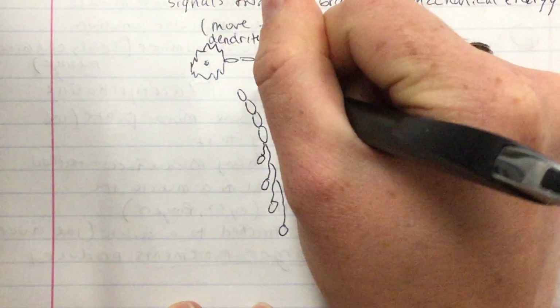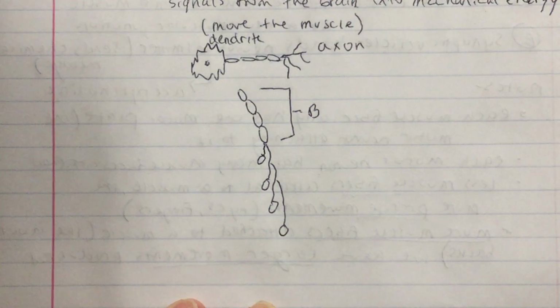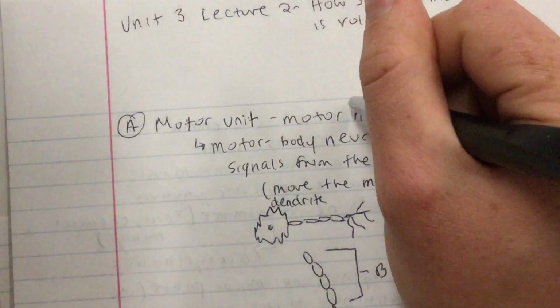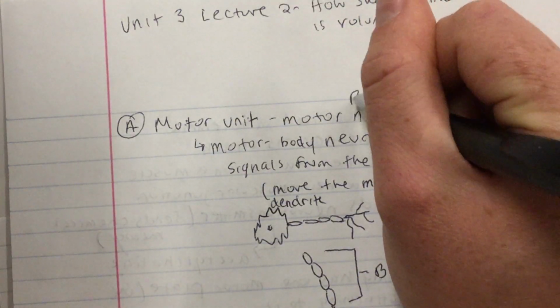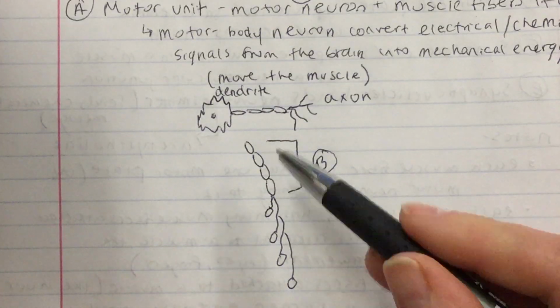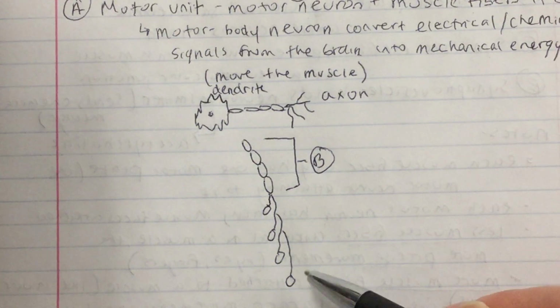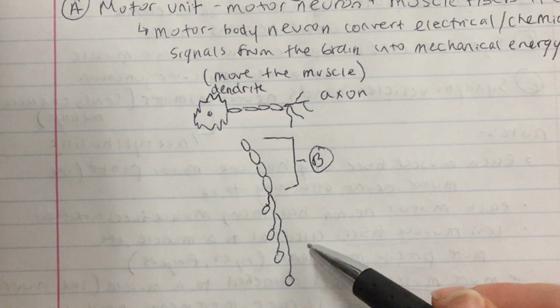And I'm going to label this piece with the letter B, because this letter B is going to be our motor neuron. So go back up here and write the letter B up there. That is our motor neuron. Now this whole thing is the motor neuron, or the end of this neuron. However, we're going to be doing some drawing down here, so I don't want to label it there.